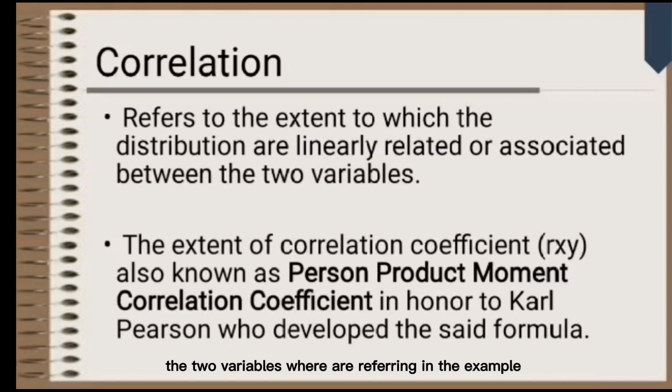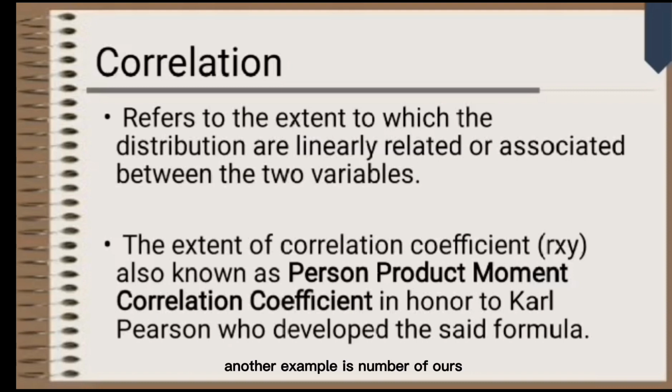The two variables referred to in the example are the weight and the height. As the example stated, there is an increase in height as well as in the weight of the child, making them linearly related or associated. Thus, it is an example of correlation or being correlated.